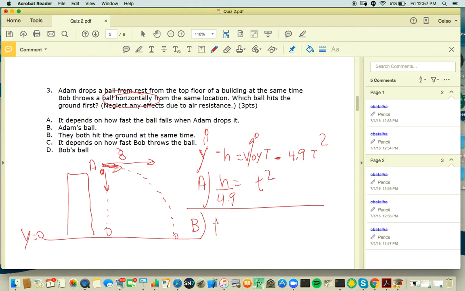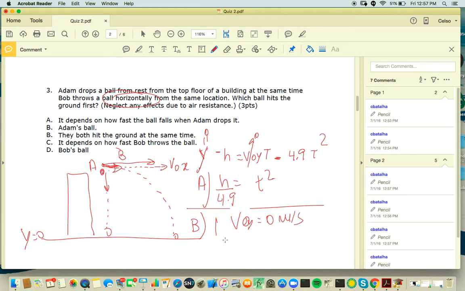Which means the initial velocity in y is 0. It has only an initial velocity in the x direction. It has v naught x, but doesn't have a v naught y. The projection of this initial velocity on the y-axis is 0.